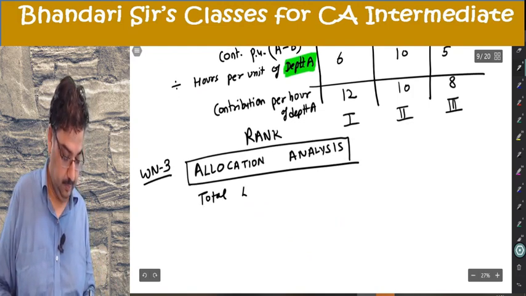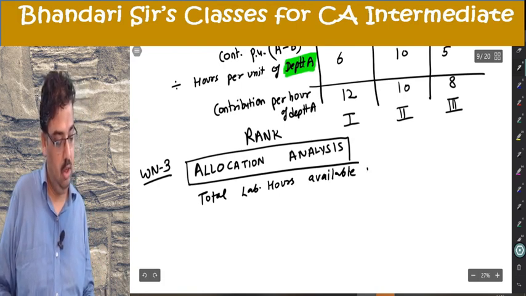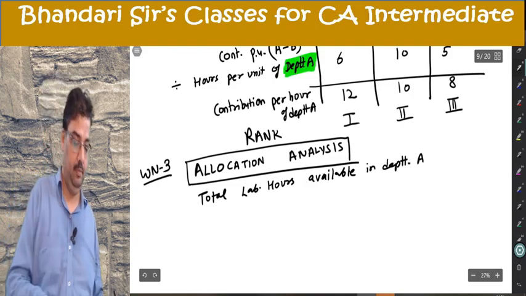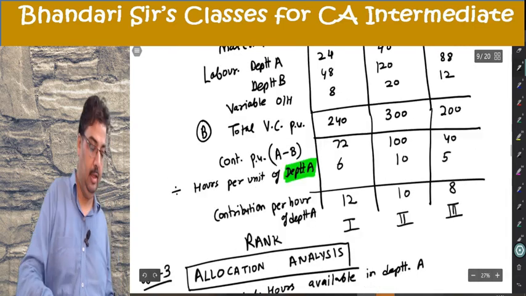Total labor hours available in department A. We computed that in the first working note: 2,80,000 hours.